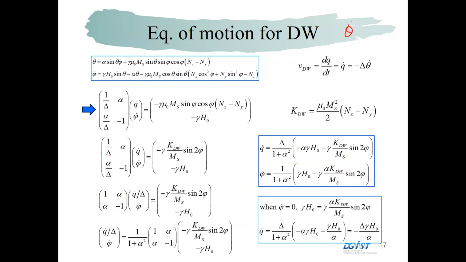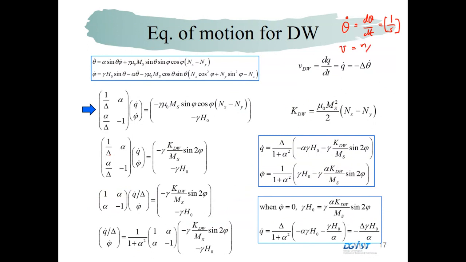Theta is just radian, so theta dot should be 1 over sec. Is it clear for you? Theta's dimension is radian. So theta dot is d theta dt. So it gives us just 1 over sec unit.